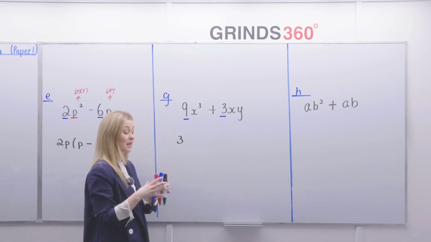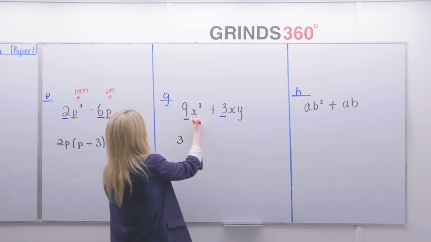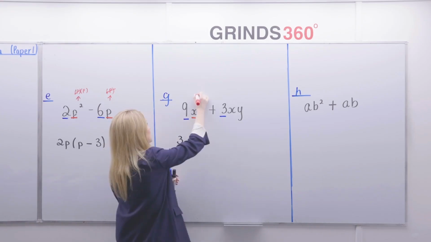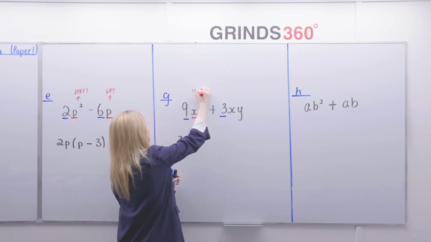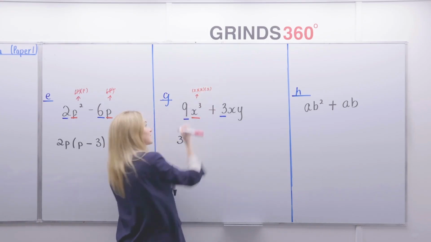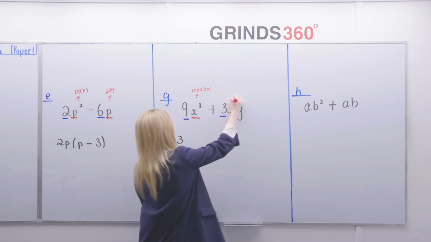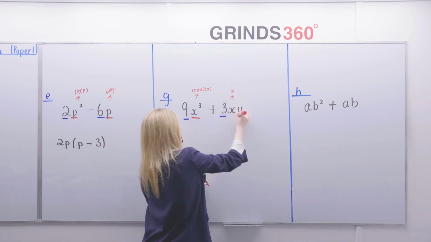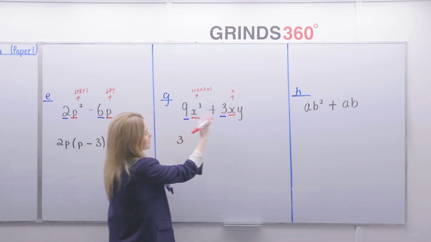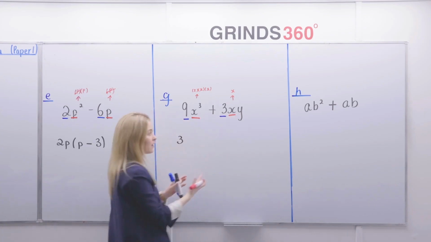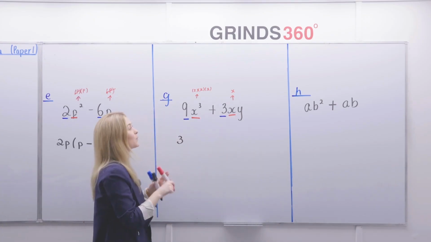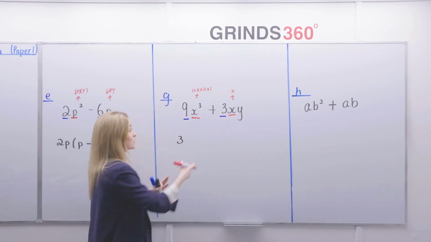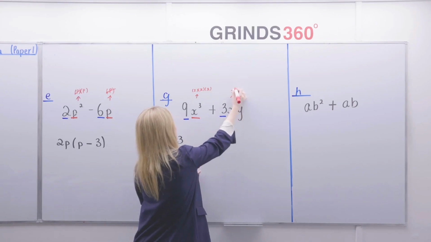Now we want to start looking at the variables. We have x cubed, which is the same as x times x times x, x times itself 3 times, and then we also have x over here. Now, x is common to both terms. So we can pull out x to the power of something, but it can only ever be pulled out to the lowest power, which is x to the power 1 here.